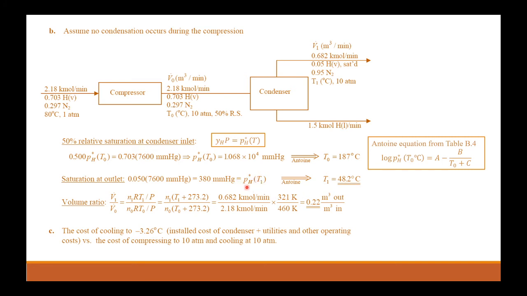Having this vapor pressure, we can calculate the temperature of the gas stream leaving the condenser, T1, using the Antoine equation: substitute your pH and your A, B, C parameters and calculate for T1. Okay, so we have found T1.